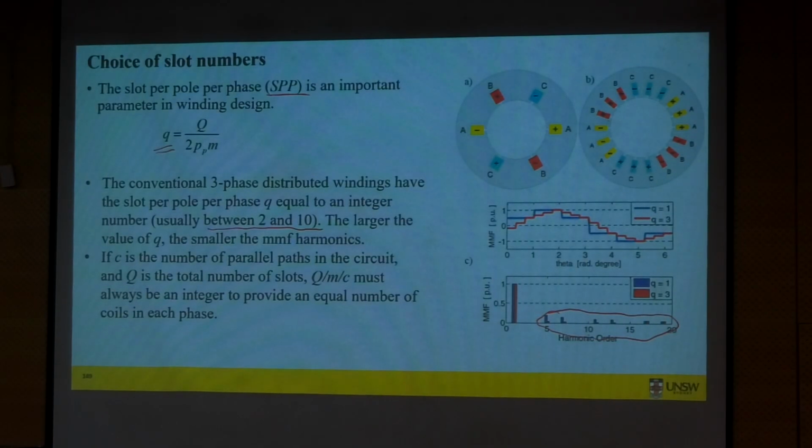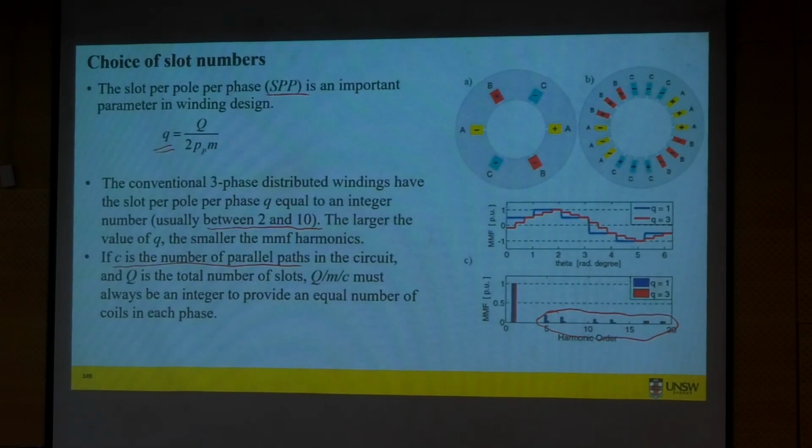Another thing is that we have some limitations here. Usually you have at least 2 parallel paths in a machine. Depending on how many parallel paths you have in your circuit and the number of phases, the slots over phases over parallel paths must also always be an integer.